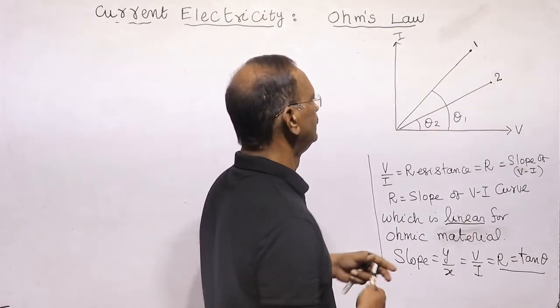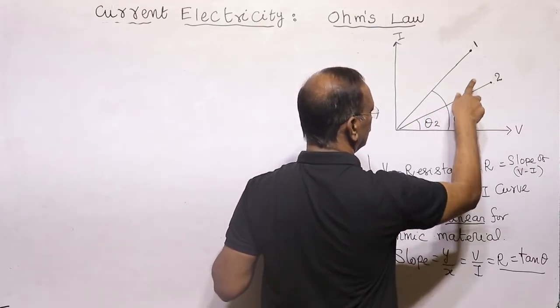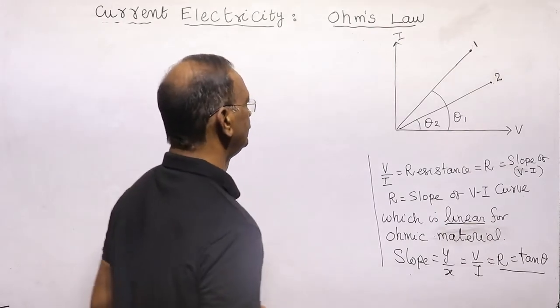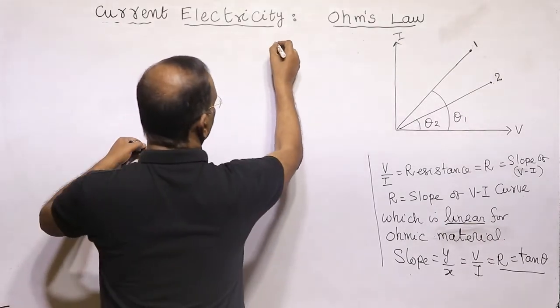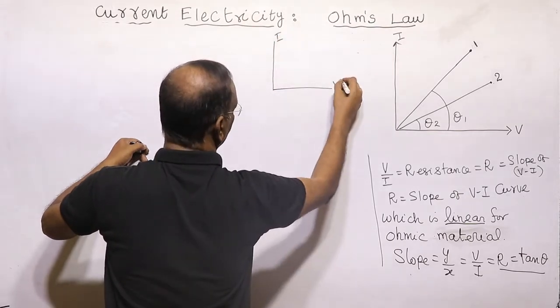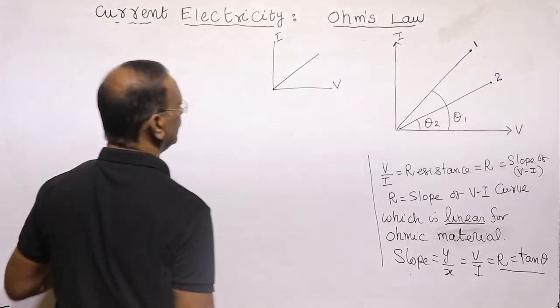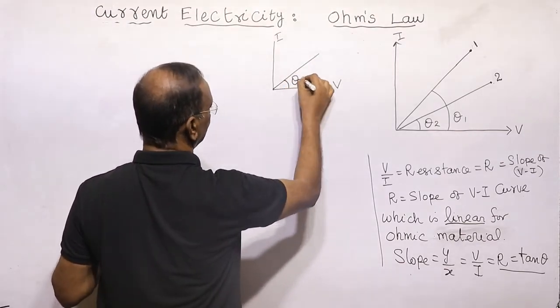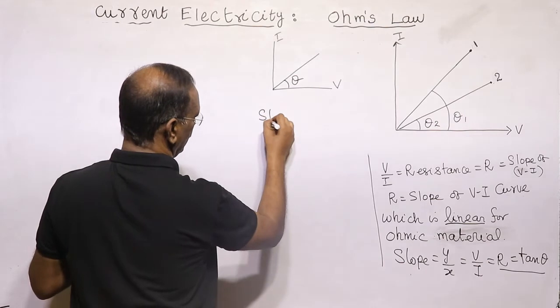In this graph, two graphs are given for material 1 and material 2. The graph is like this, a linear graph. So first, this is an IV graph, and let us take a general example. This is making an angle theta. What is slope?